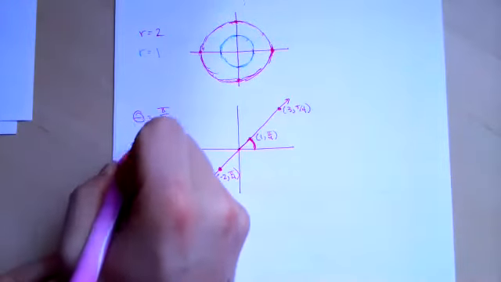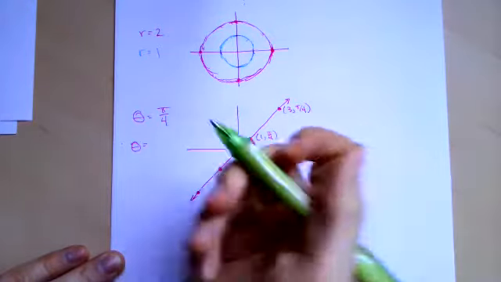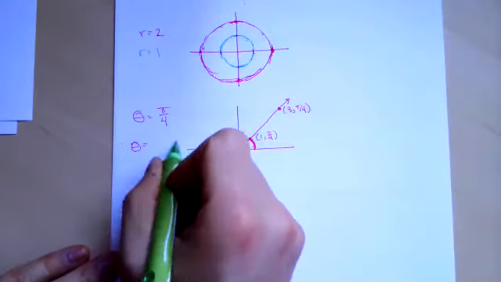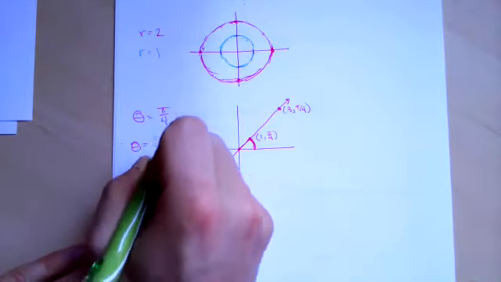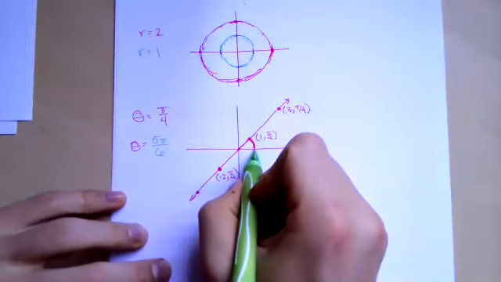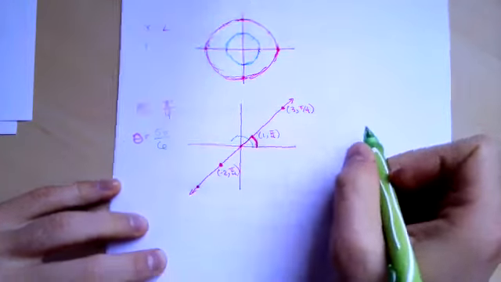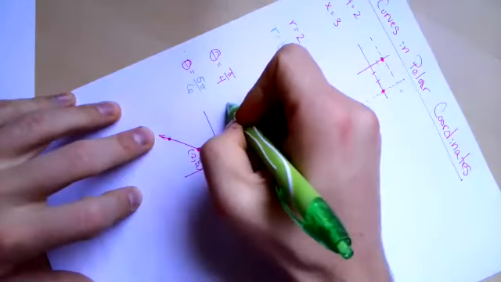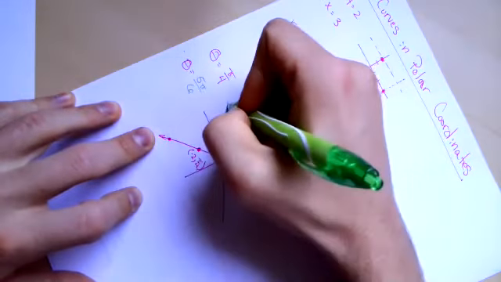Likewise, we could have, let's say, theta equals, let's use a different color. What do I want to say? 5 pi over 6. So what is that? That means my theta, I go 5 pi over 6, and then my radius can be anything.